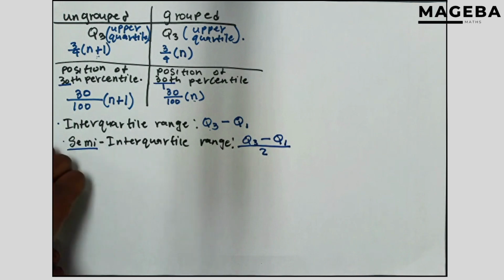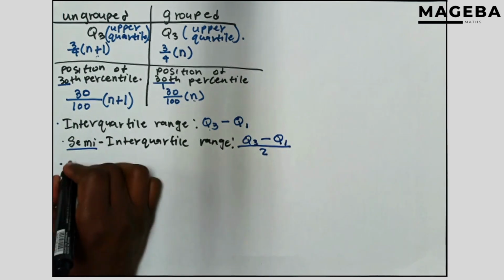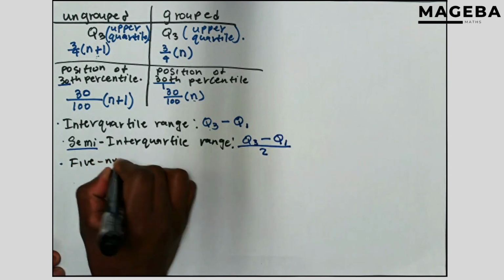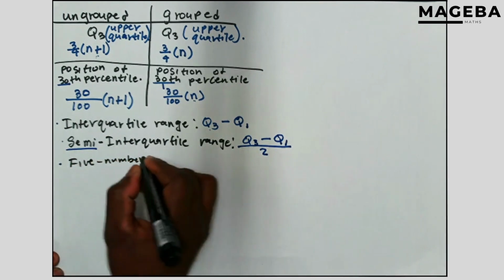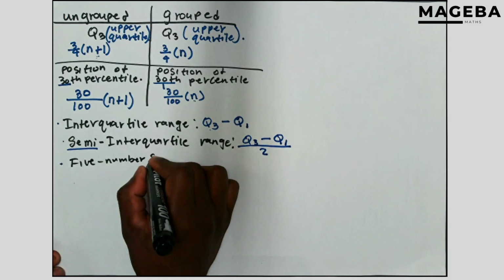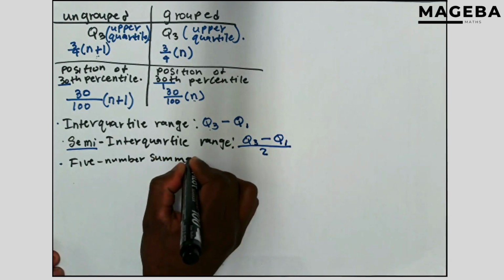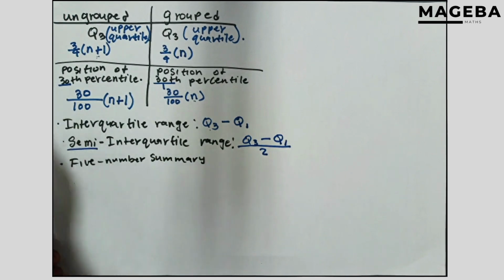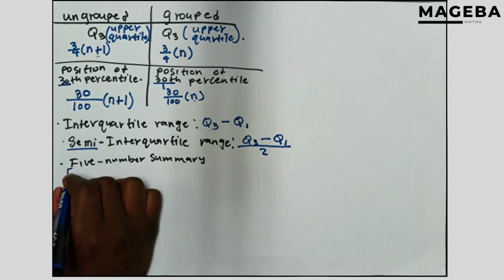And then we have these 5 numbers that are very famous, which we call the 5-number summary. What are these 5 numbers?